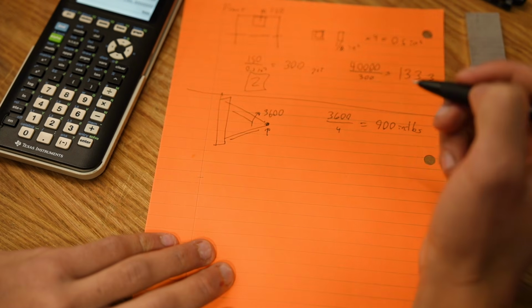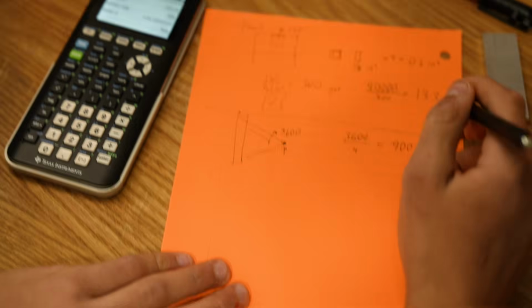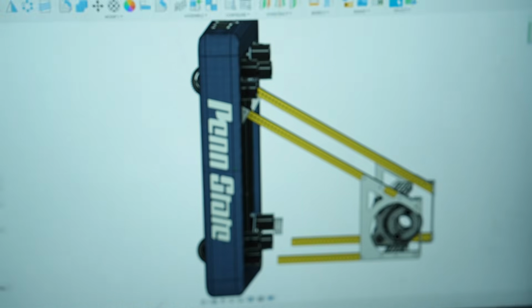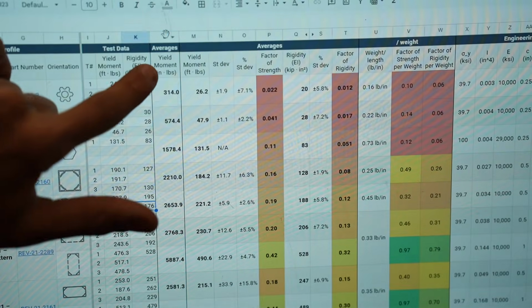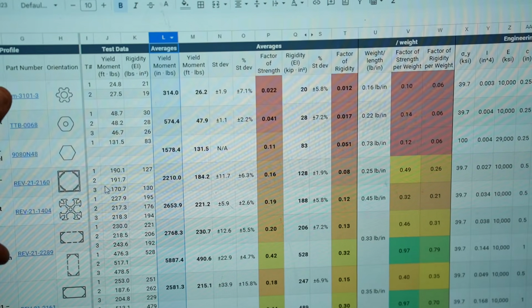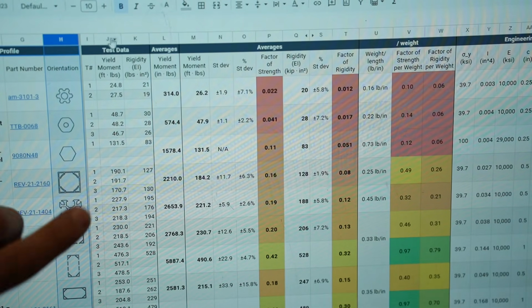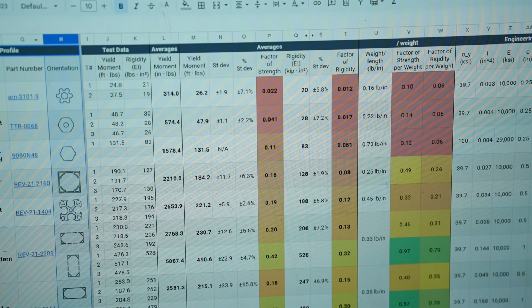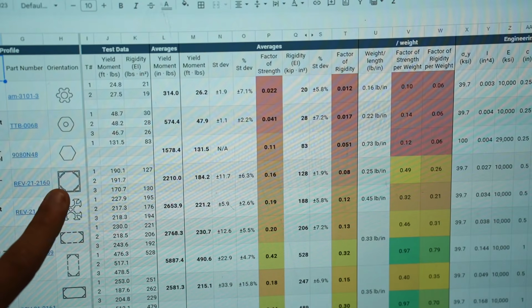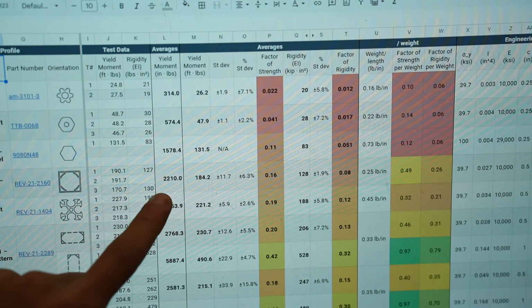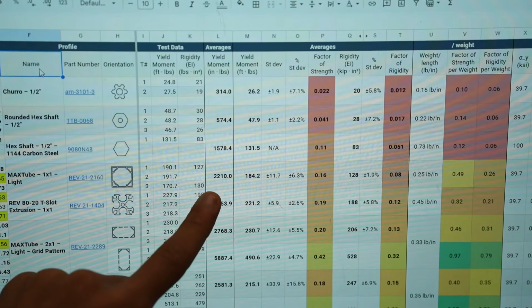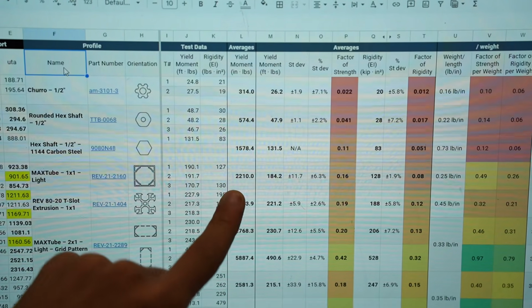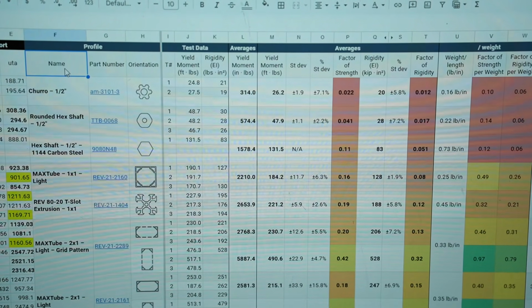Now, to decide which member we're going to use, we need to compare that to the strength of each individual member. So these are the bending moment failures of a specific profile that we collected in testing in a previous video. We compare the light 1x1 tubing to our target of 900 inch-pounds, and we find that it can carry 2,200 inch-pounds.